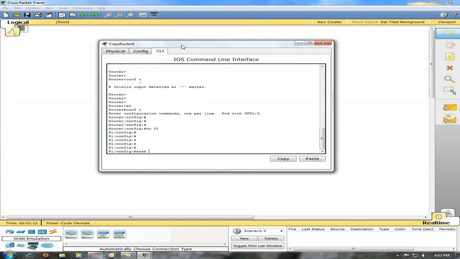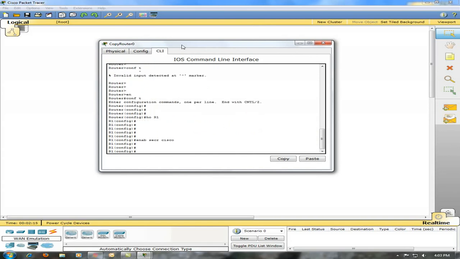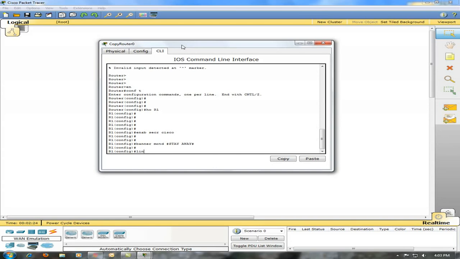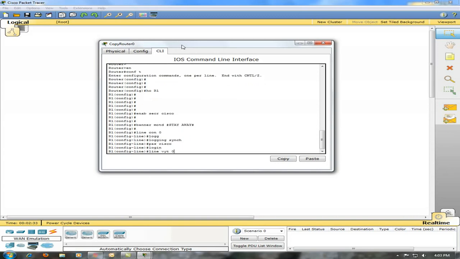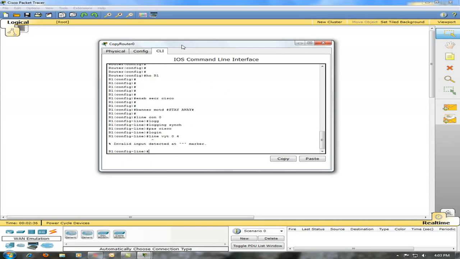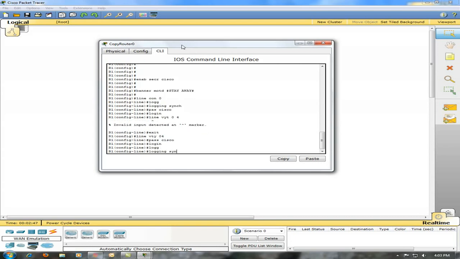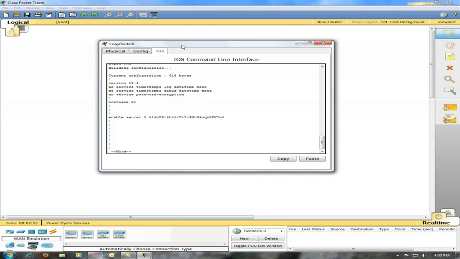Hostname, we'll do an enable secret of Cisco. Banner MOTD. And go into the line. Go into the other line. Password Cisco, login, logging sync. I think that will do it.